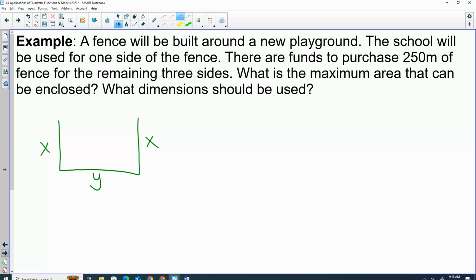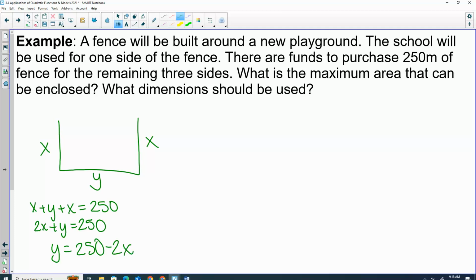So I know that when I add all of these, it's going to equal 250. I'm trying to solve for Y because I don't want 2 variables, so my missing side is 250 minus 2x.